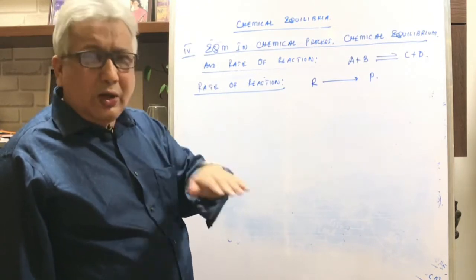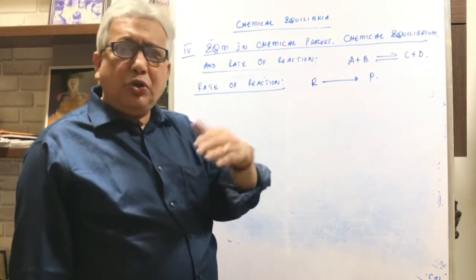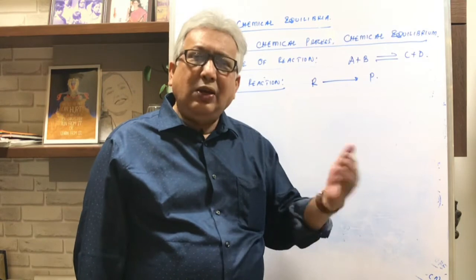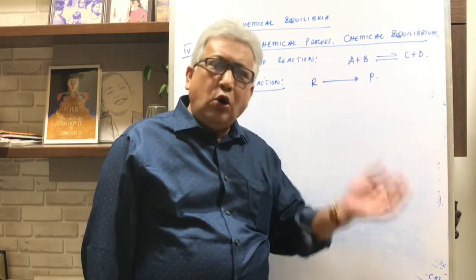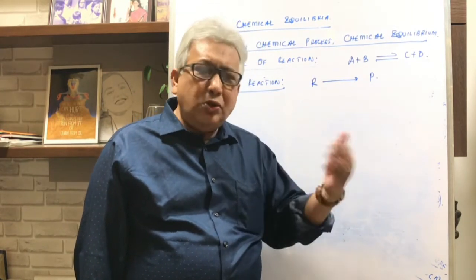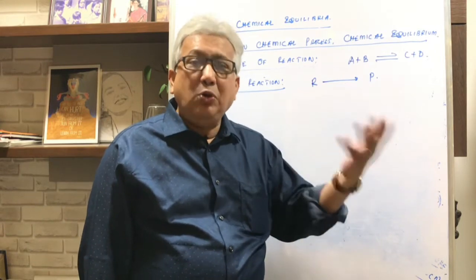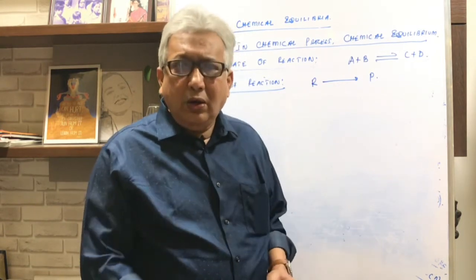So the rate at which the concentration of reactant decreases per unit time, or the rate at which the concentration of product increases per unit time, will be called the rate of reaction.